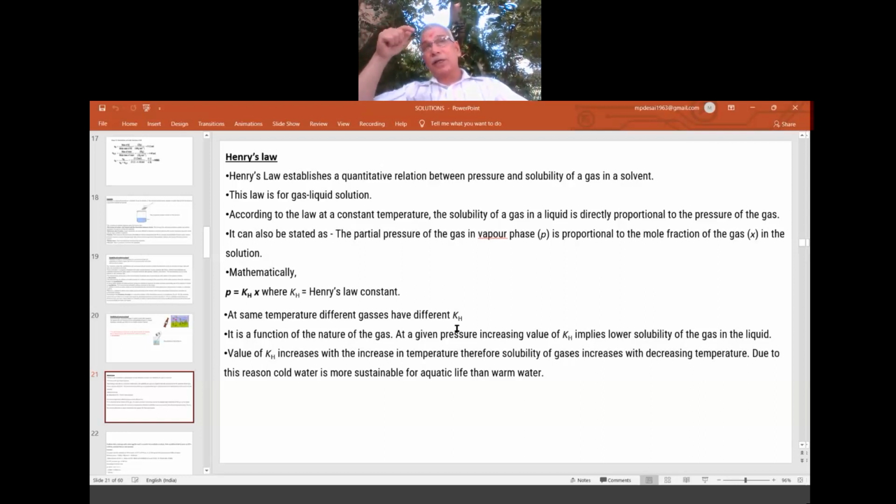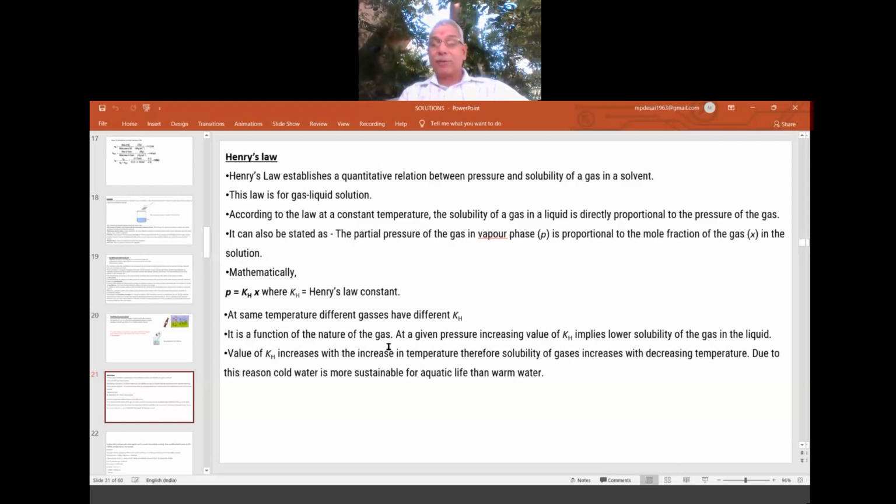Depending upon the KH value, taken from a ready-made table, we make soft drinks. We calculate how much carbon dioxide is there, and accordingly apply the pressure of the gas on the liquid solution. It is a function of the nature of the gas.